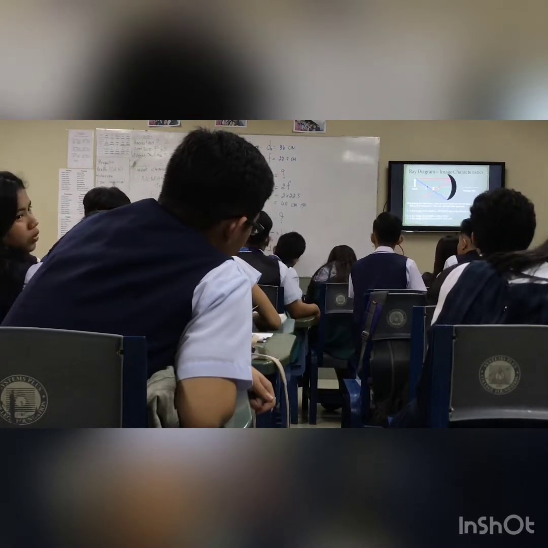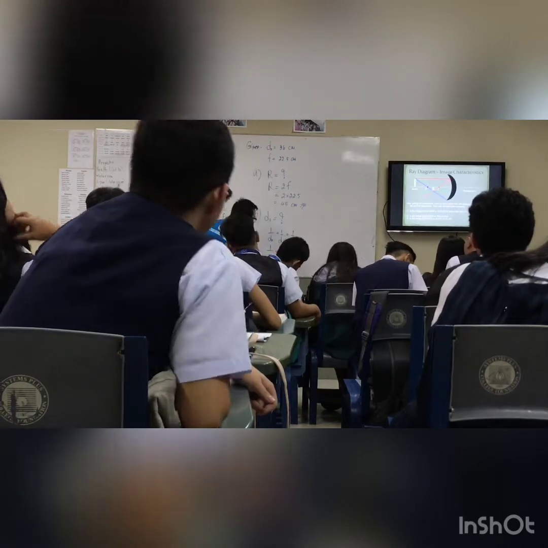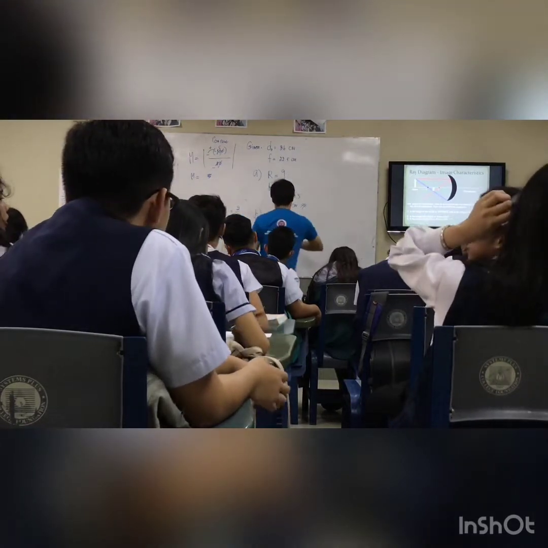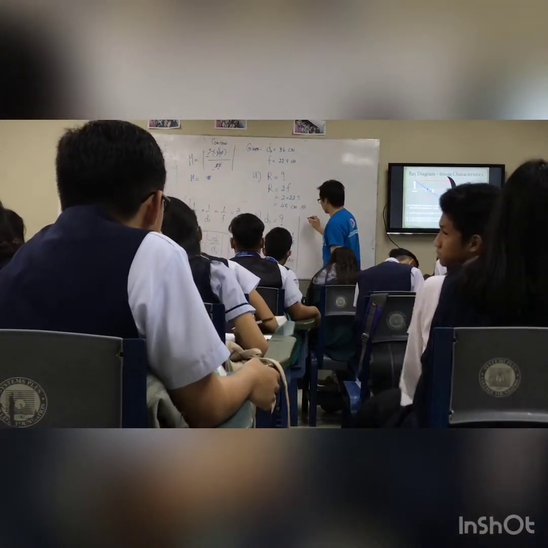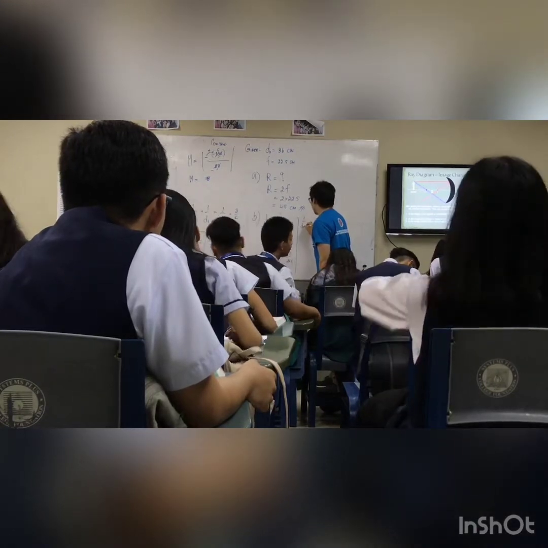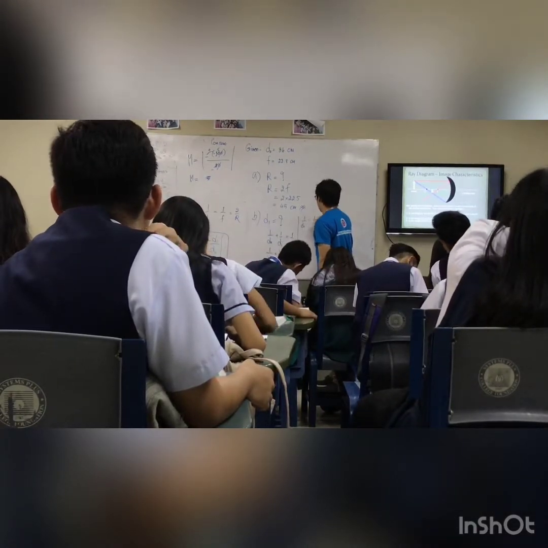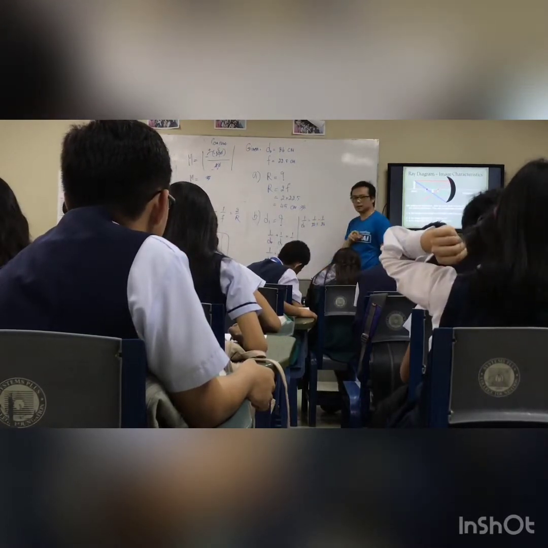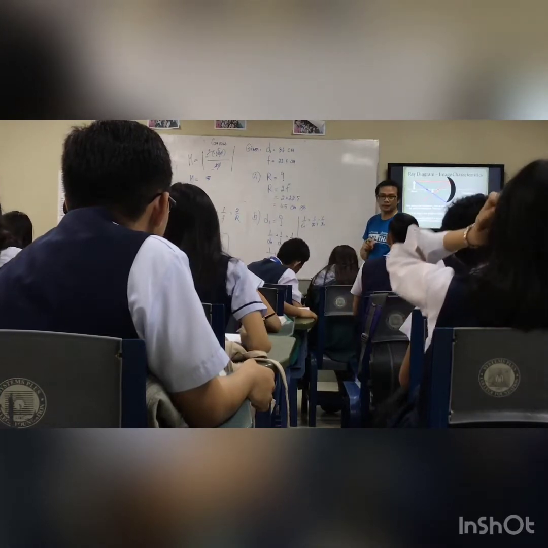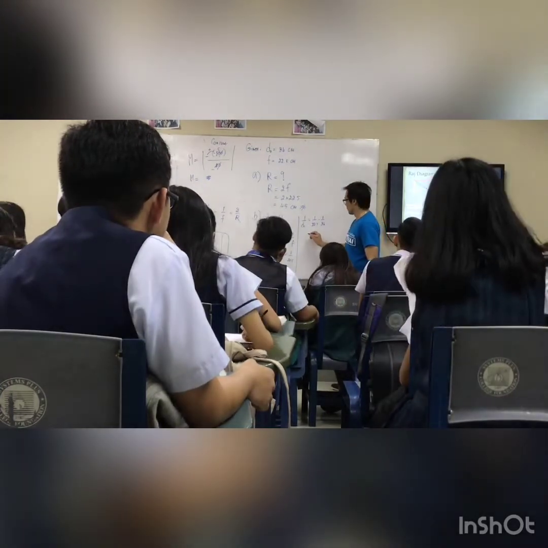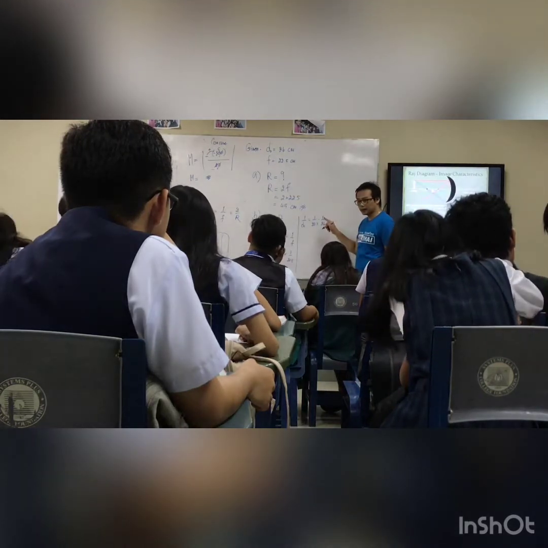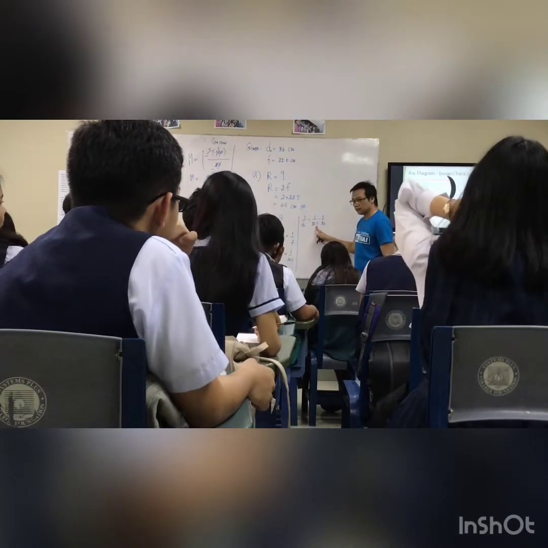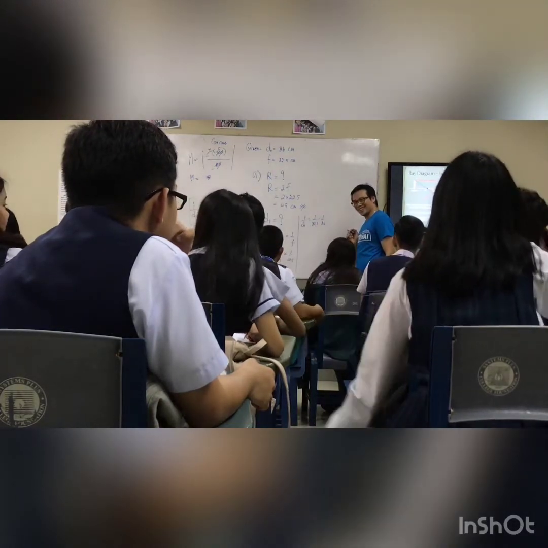So 1 over DI is equal to 1 over 22.5 minus 1 over 36. Times 4 over 4.